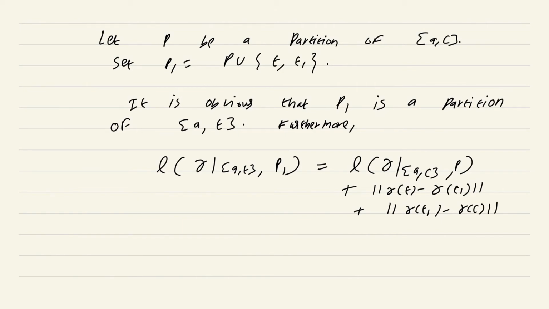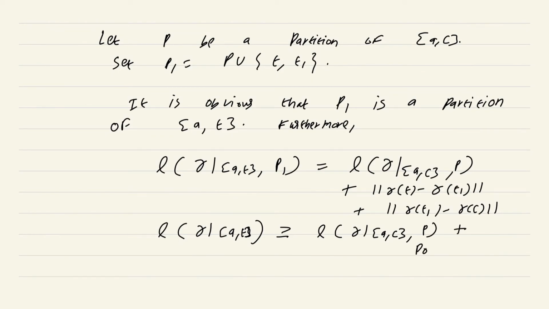So we can conclude that the length of gamma restricted to [a, t] is always greater than or equal to the length of gamma restricted to [a, c] with respect to P plus some positive constant independent of the choice of partitions.